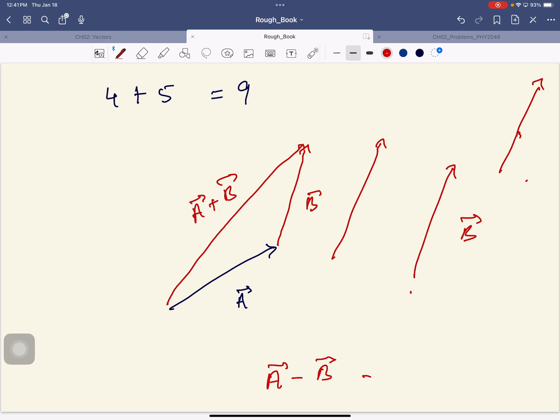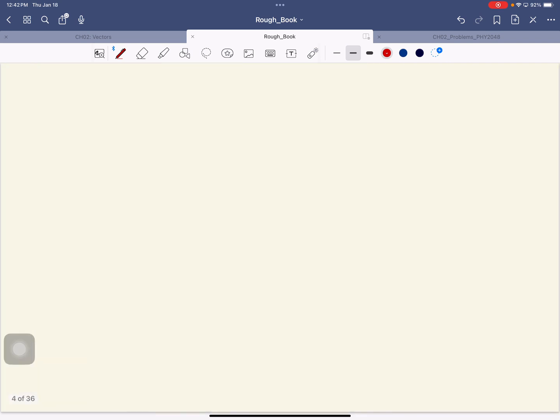When you're subtracting two things, you're really adding the negative of B. So you just have to learn how to define negative B, and our friend there said this is negative B. So here is A, and here is negative B, and so this is A minus B.